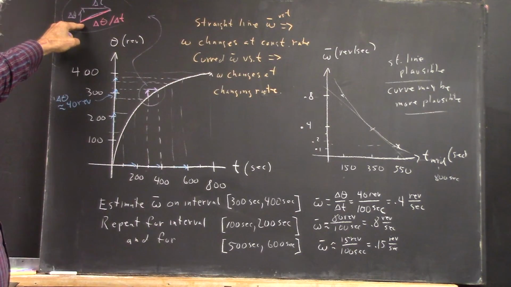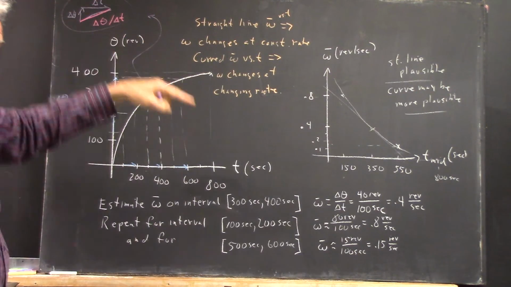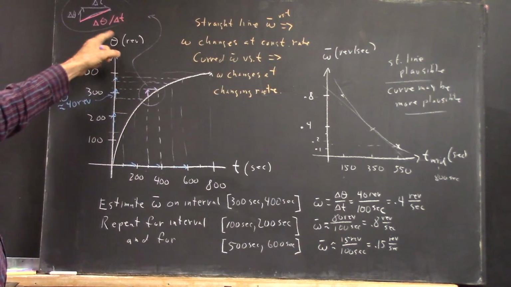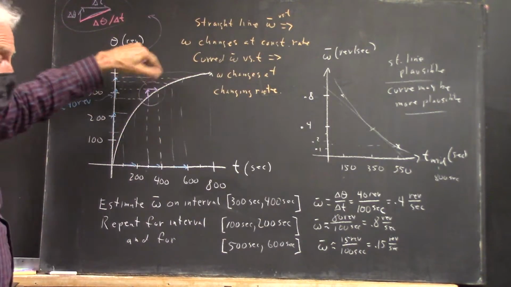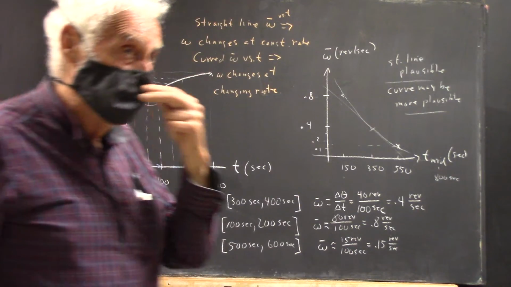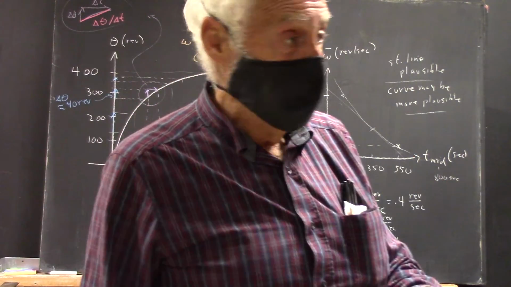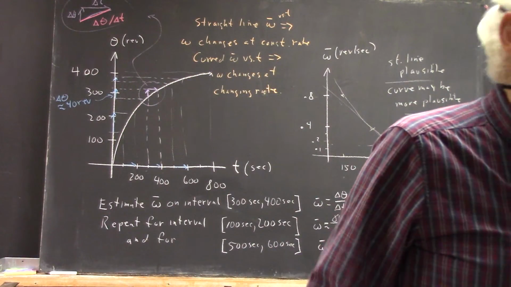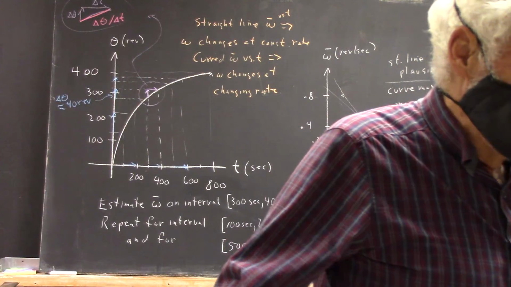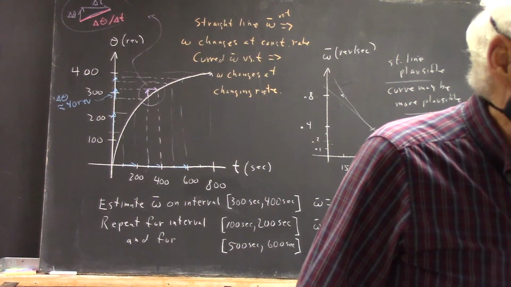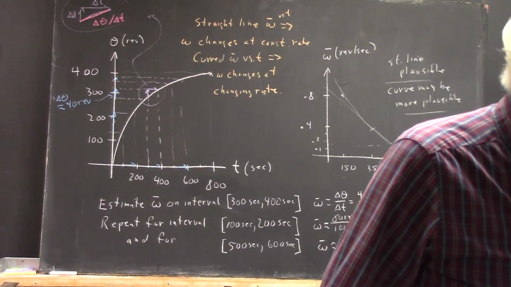Rate of change. It is the rate of change, because that's by definition, but geometrically on the graph, what aspect of the graph does it tell you? So the average rate of change of omega with respect to t. But on the graph, what do you call that?